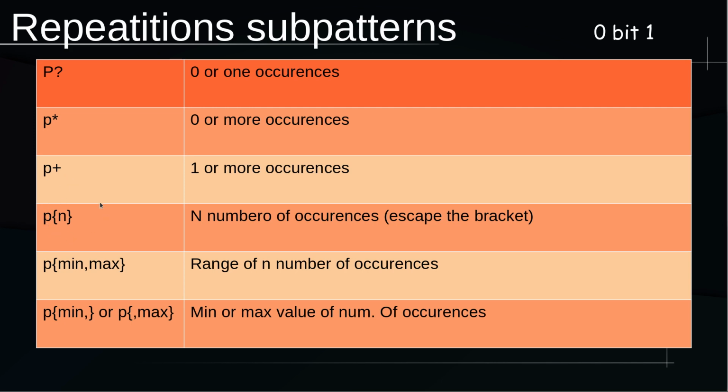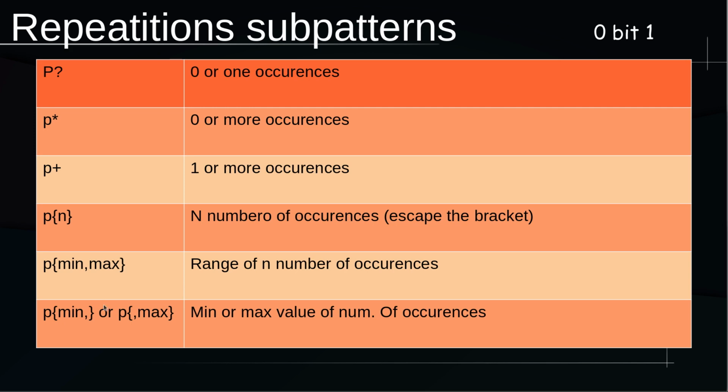Now if you want an exact number of occurrences, like the pattern must be present thrice, like if you want to select 3-digit numbers, what do you write? You write the pattern for number, that is 0-9 inside square brackets, and then you follow that with 3 inside curly brackets. That will get you your number.